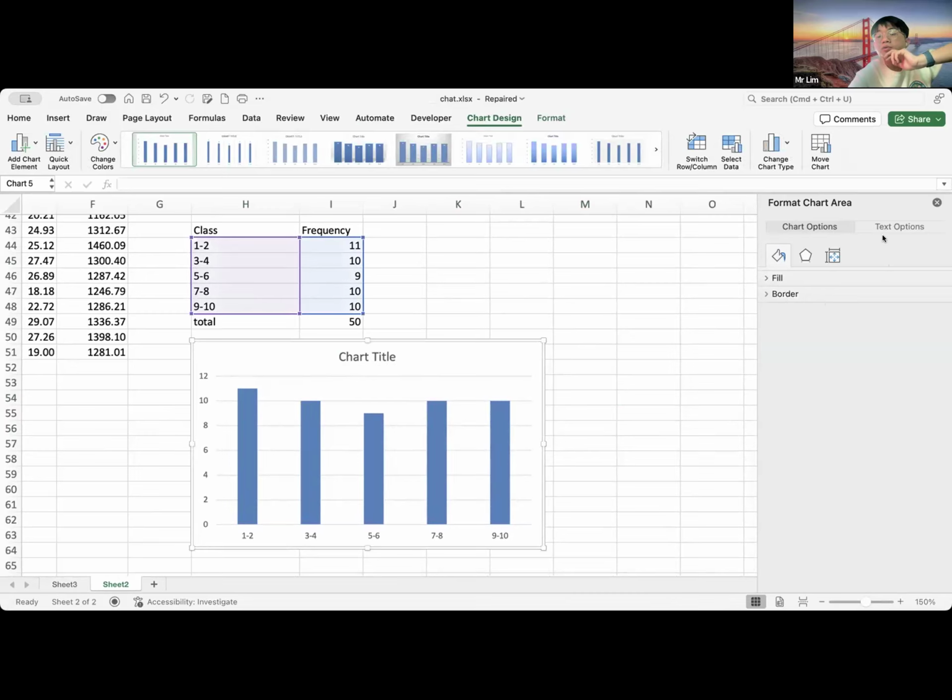But if you want to make it look more like a histogram, what you can do is adjust the gap between each bar to be 0, let's say.